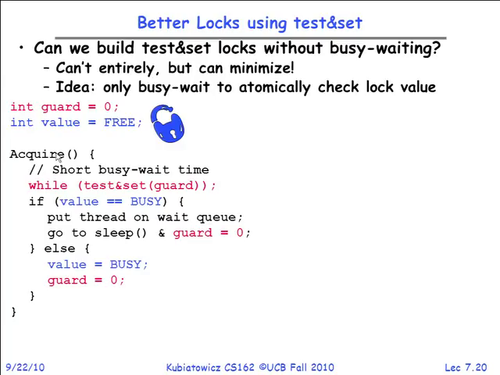Notice that the red portions here are really a test-and-set lock that's replaced our enable and disable interrupts from our previous solution. Everybody see how this layout is almost identical? And here's release. Again, we grab the guard lock, we do our thing, and we release the guard lock.